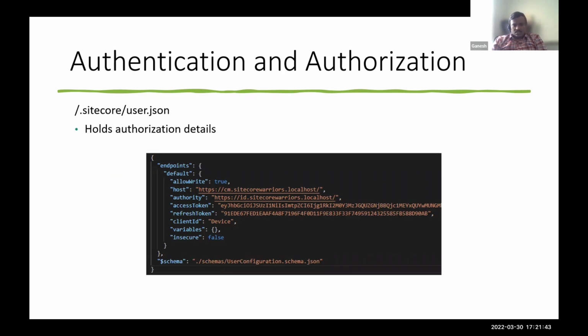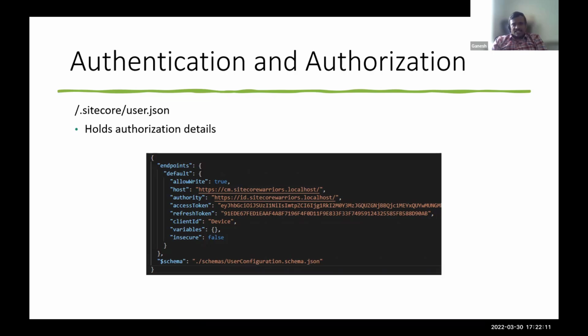So this is the sample user.json. By default, it will create an endpoint with the default name, and it has the host name and authority, which is similar to the CM and your Identity Server, and it has the access token and the refresh token. So everything will be there. As you can see, under endpoints, we have default.